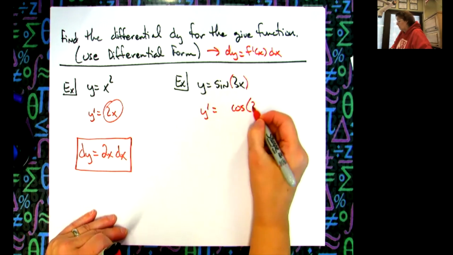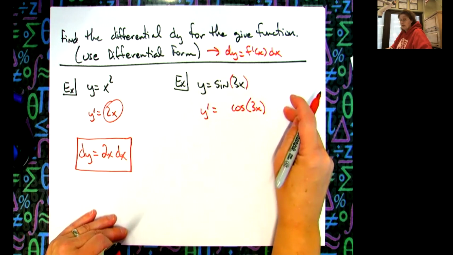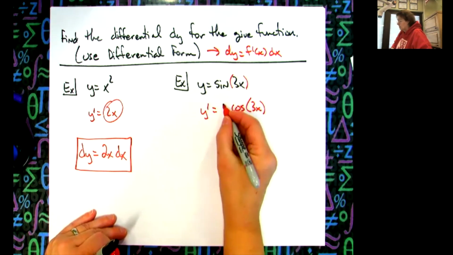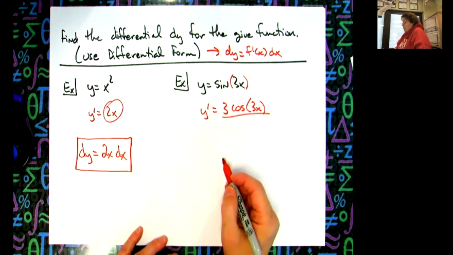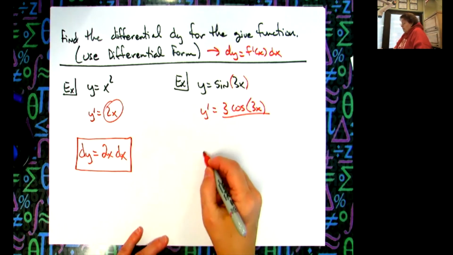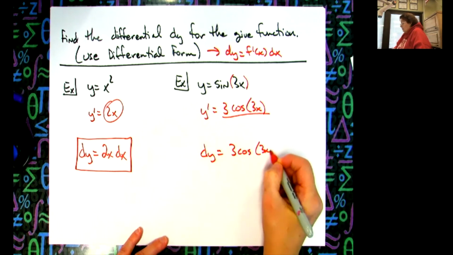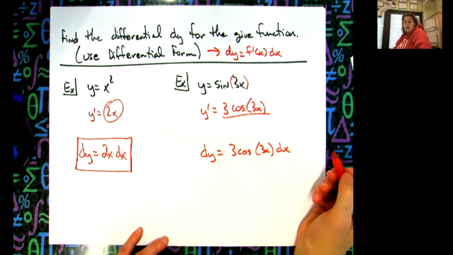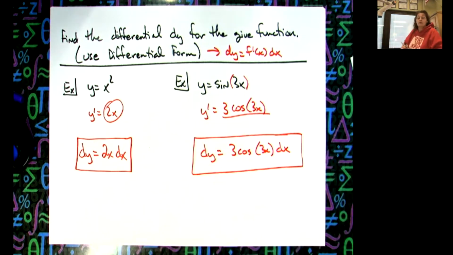Leave the inside alone, and then times the derivative on the inside. Derivative of that inside is 3, but instead of writing it over here, I'm just going to go ahead and write it in front because we know it's going to go in front. So there's my derivative right there. And then differential form, dy is equal to 3 cosine 3x, and then throw on that dx on there. All right. So this was that easy.